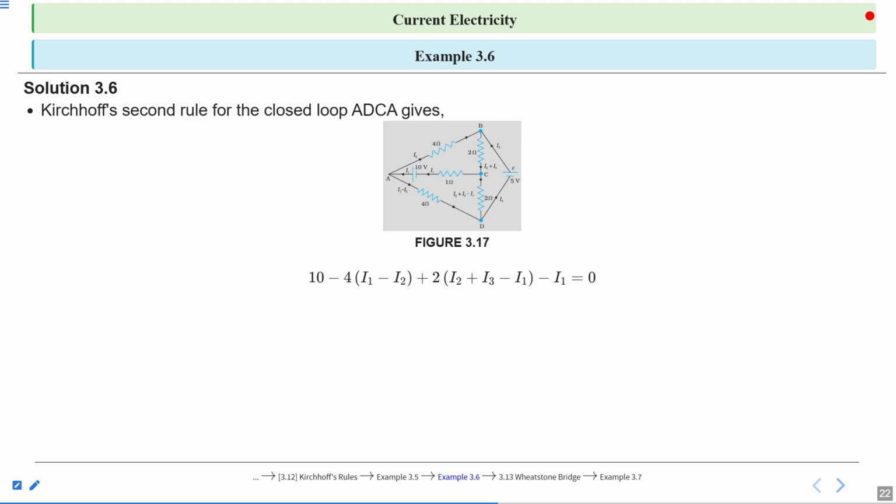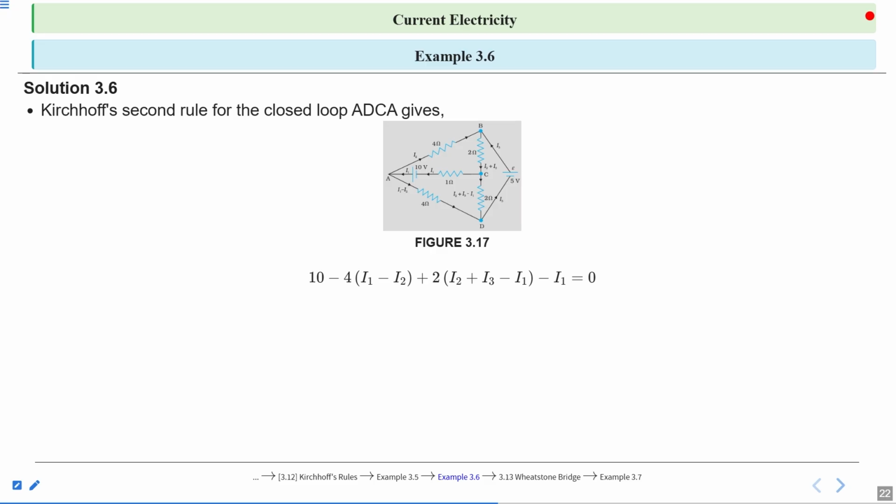Now when moving from C to A, there is a 1 ohm resistance and we are moving in the direction of current, so minus I1 into 1. So minus I1 will be equal to 0. According to Kirchhoff's second rule, the voltage law, in a loop the sum of all the changes in potential is equal to 0.